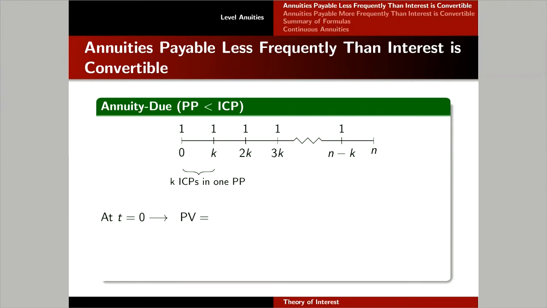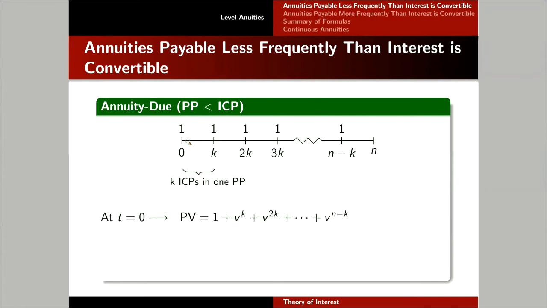Ganun lang, then you have to carry everything to time 0. So what do you have? 1 plus V to the K, right? Plus V to the 2K. What is the last term? It is 1 times V to the N minus K. That's why we have that one.